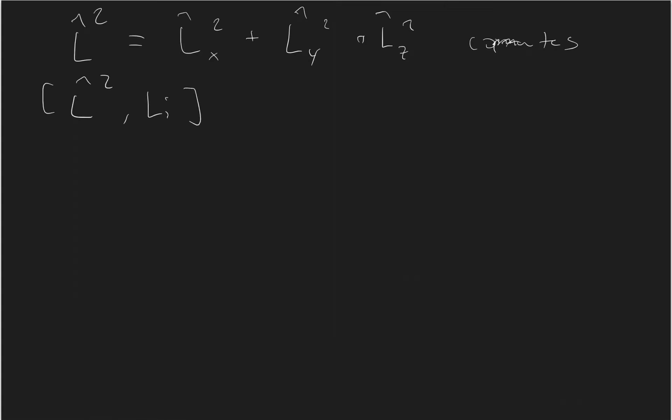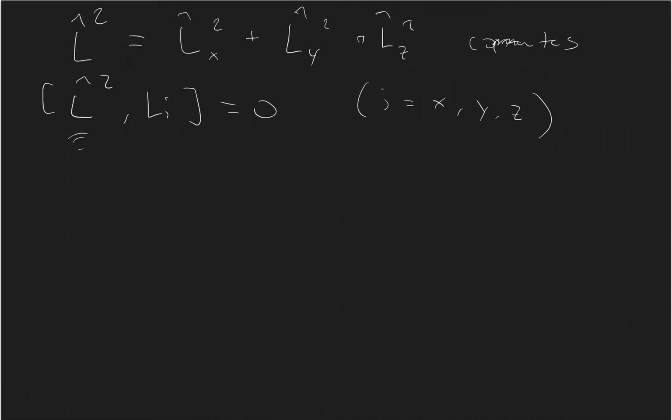This is very important to recognize, because the operator for the square of the angular momentum, L hat x squared plus L hat y squared plus L hat z squared, commutes with the components. So the commutator between the angular momentum squared, which is supposed to be our invariant, and those components is zero, for x, y, and z.